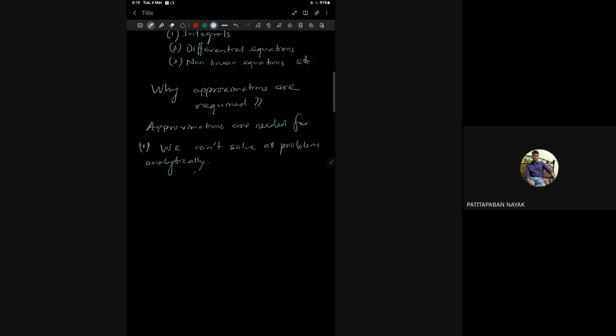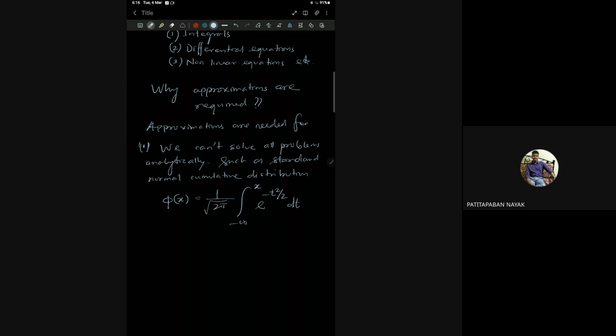What kind of problems can we not solve analytically? Such as the standard normal cumulative distribution, let's say phi of x is equal to 1 by root 2 pi times the integration from minus infinity to x of e to the power minus t square by 2 dt.